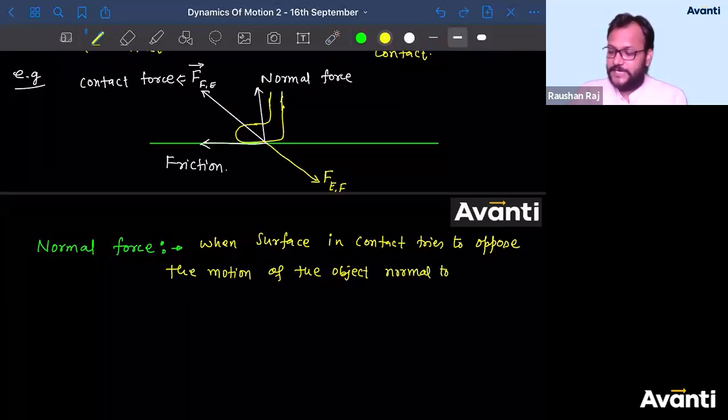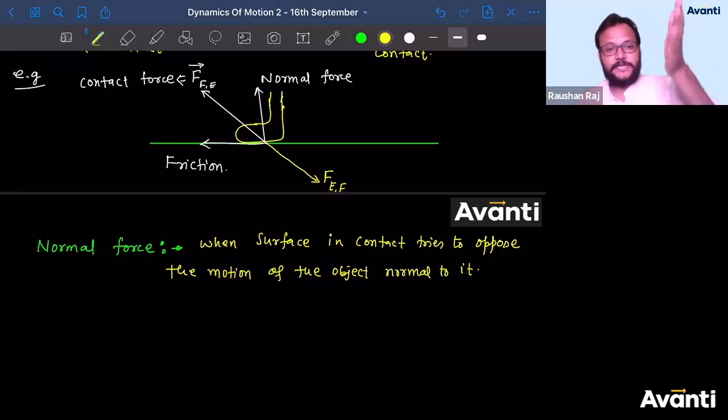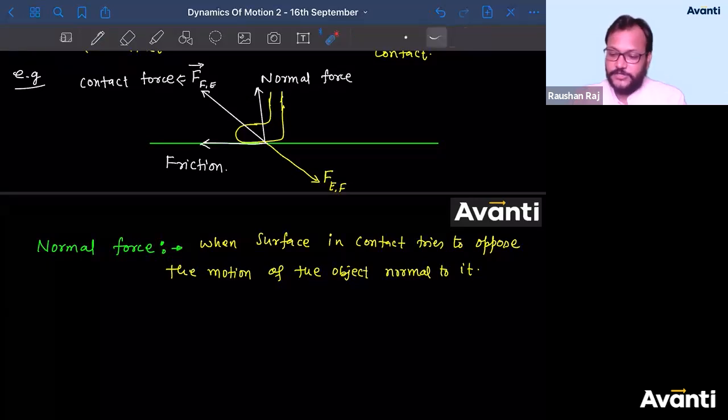So when an object has a tendency to move across the surface, pass through the surface normal to it, the surface will oppose it. How the surface will oppose it? By applying a force. And that force can also be called a normal force.